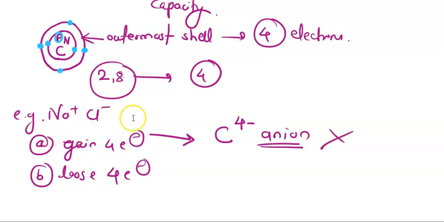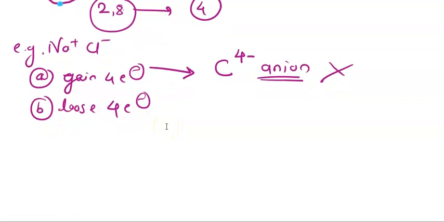Now let's check out the second situation. When carbon loses 4 electrons, it will become a cation, that is C plus 4. But it would require a large amount of energy to remove 4 electrons, leaving behind only 6 protons in its nucleus, holding on to only 2 electrons.